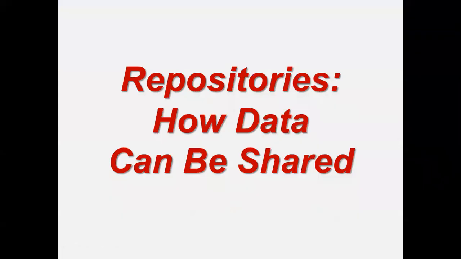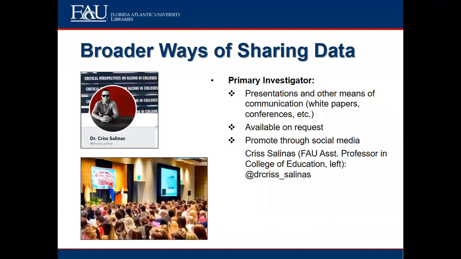All right, so next we're going to go into repositories, that is, how data can be shared and distributed. There are some broader ways of sharing data. The primary investigator could do it, or his or her team. They can do presentations or other means of communication. Maybe they do a poster presentation, talk about their research, and provide information where people can get their data.